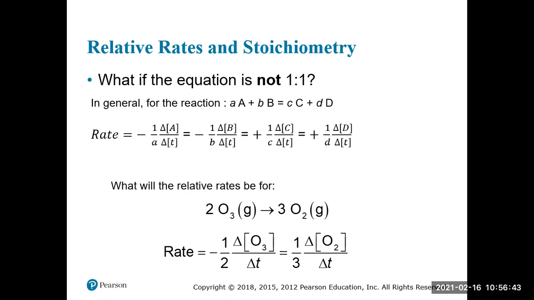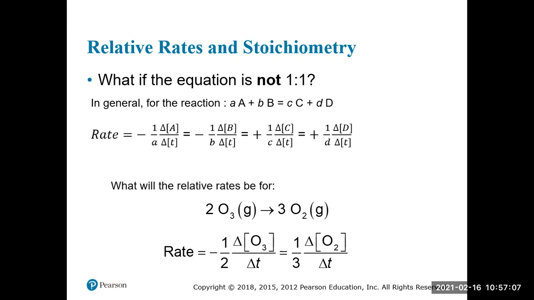So that 2 was the coefficient in front of the O3. So that's why we have 1/2 there. And then for the O2, it would be 1/3 because we have a stoichiometric coefficient of 3 in front of that O2 molecule. And so it's 1/3 there.